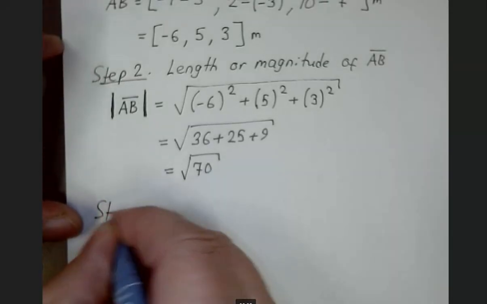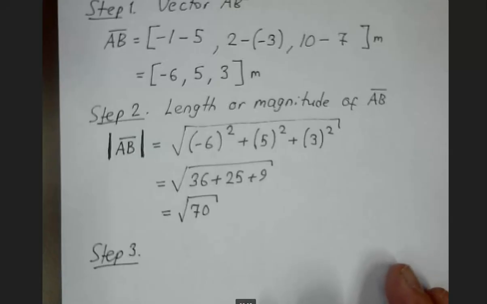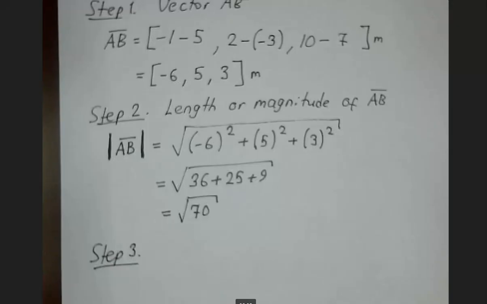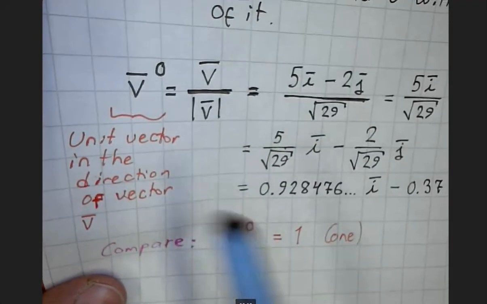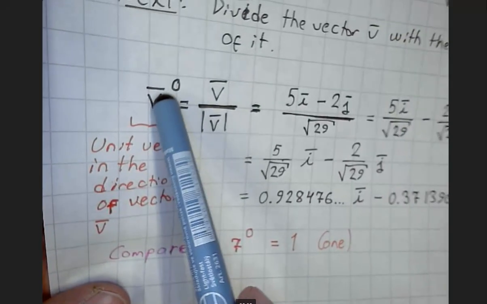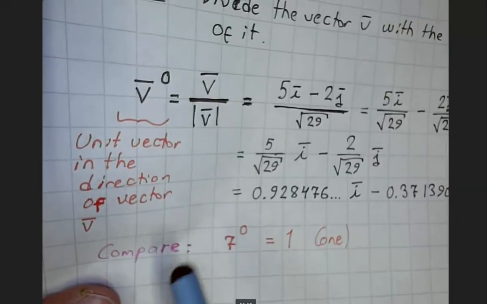And then step 3, we will create a unit vector which has a direction of AB. This unit vector, I think people probably remember from those lessons some weeks ago. First I had this example there. I first forgot to use this notation there, but then I added that later here.